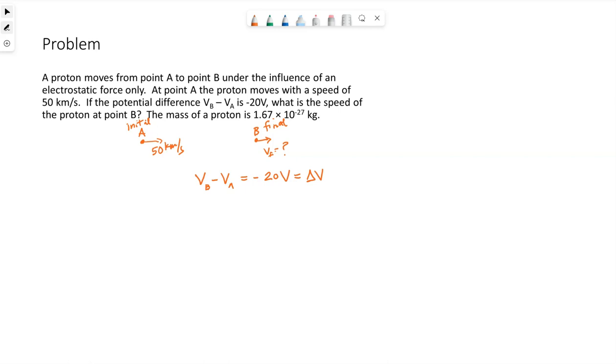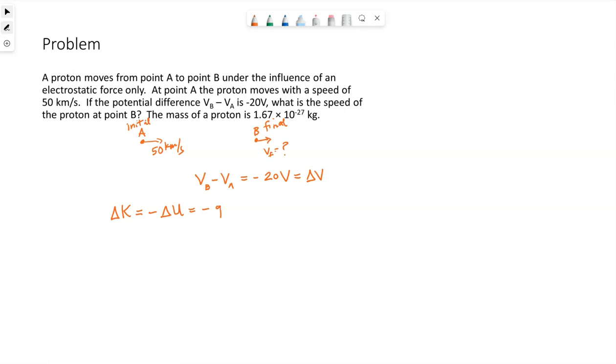Now, to relate delta V to speed, probably the easiest way to go about that is conservation of energy, where the change in kinetic energy is equal to the negative change in potential energy.